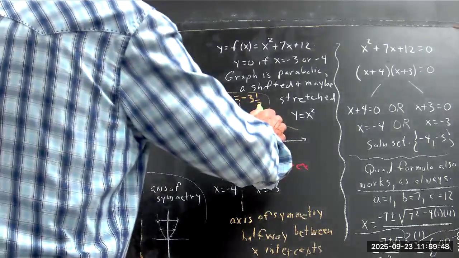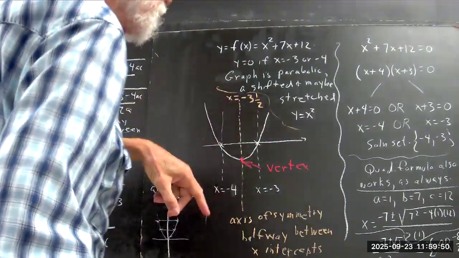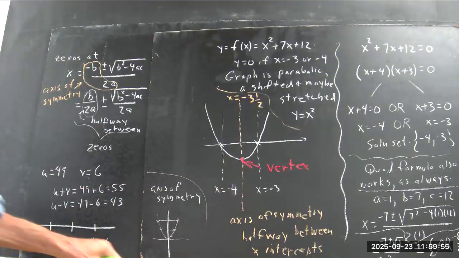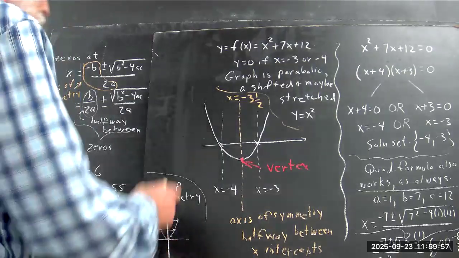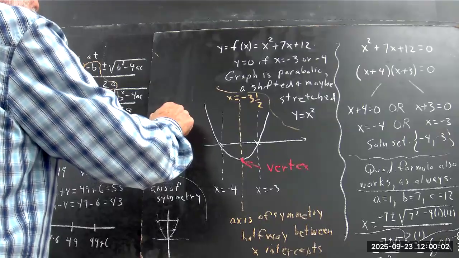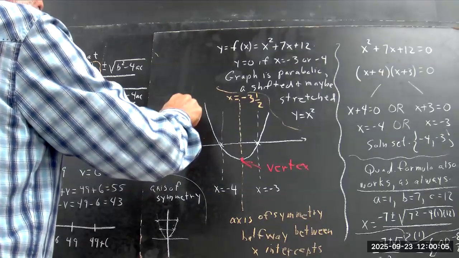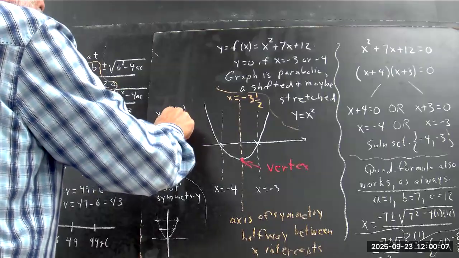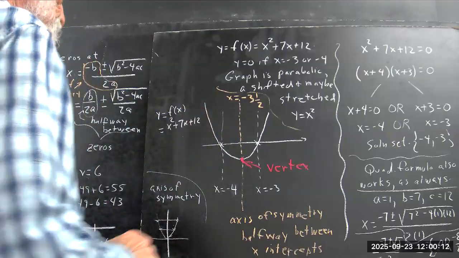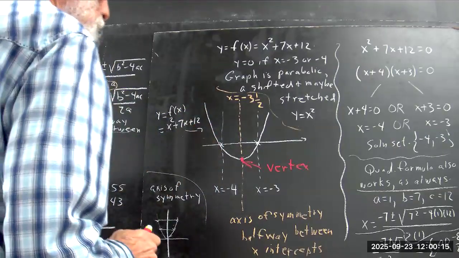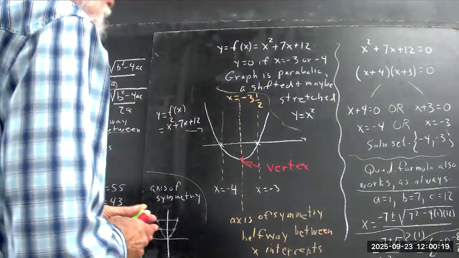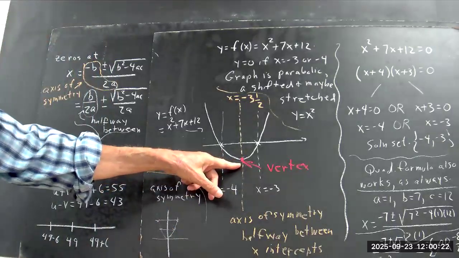Well, I'm going to give you this. So once you know the axis of symmetry, how do you find the coordinates of the vertex? You know the axis of symmetry, so what do you know about the coordinates of the vertex?